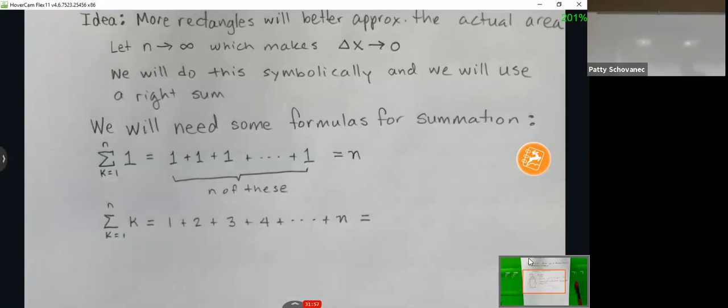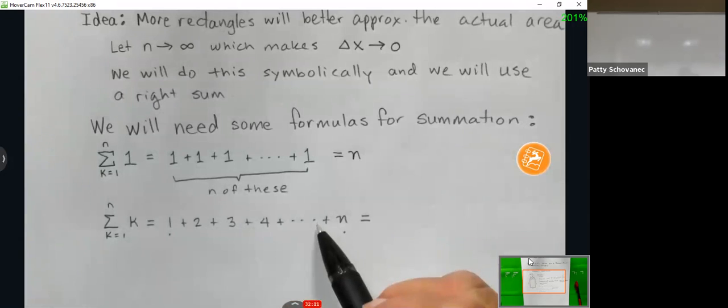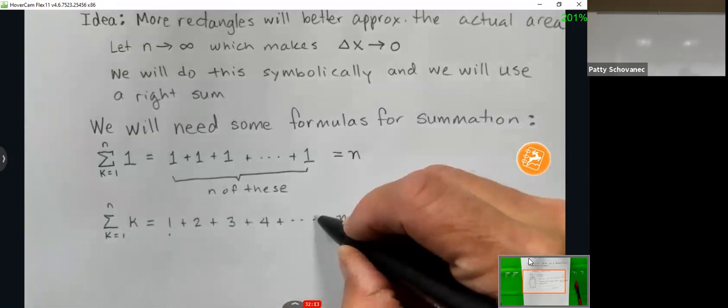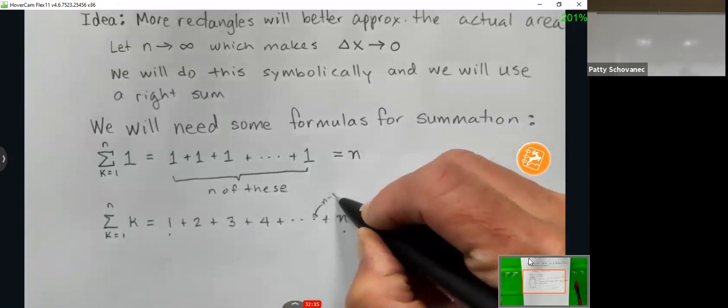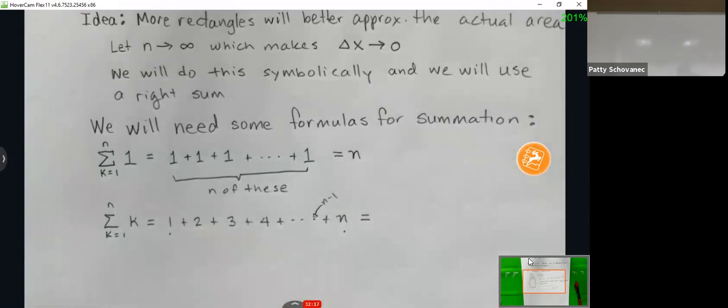With this formula, it's easy to explain if we don't add things from left to right. If we add the first one with the last one, I get n plus 1. The term right before this is n minus 1. If I add that with 2, n minus 1 plus 2 gives me another n plus 1.